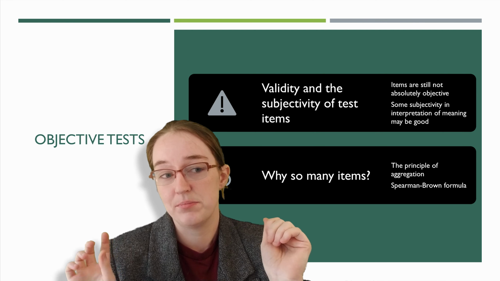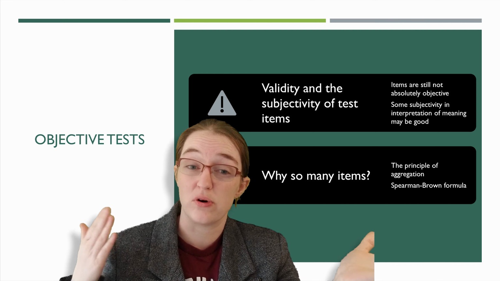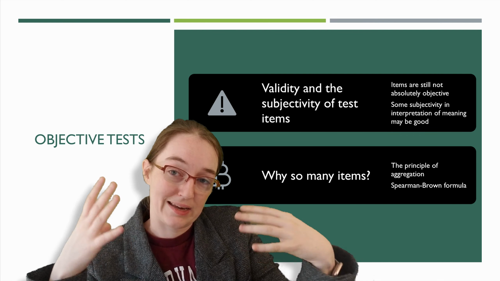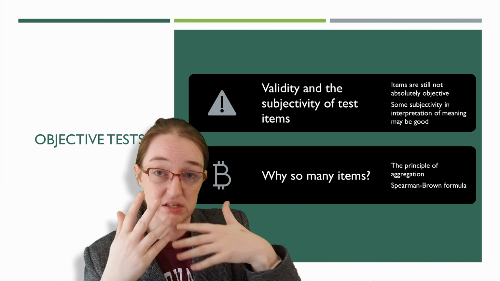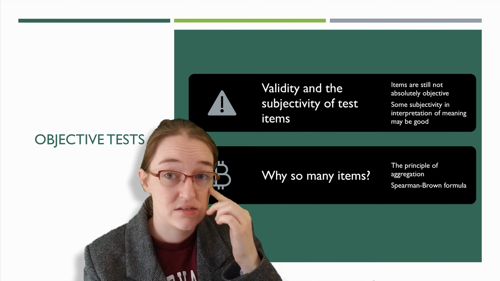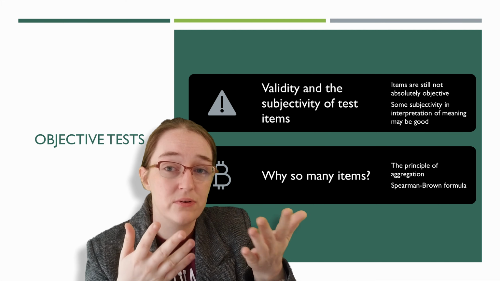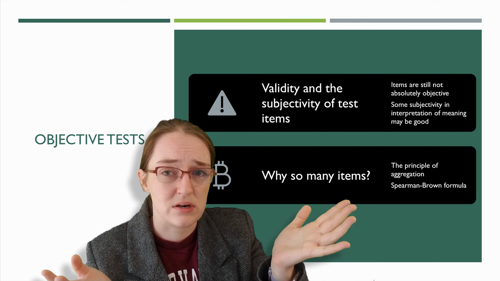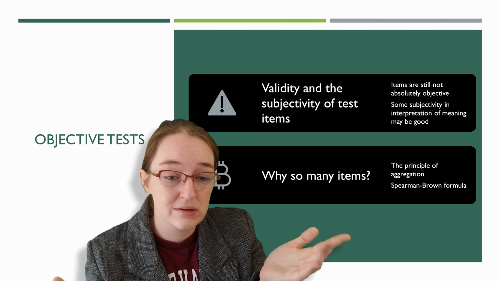Not for any one item, but on average, by having more of them, each item adds some extra predictive oomph to your test. And so the more items you have, the more oomph. Predictive validity is what I really mean when I say oomph.